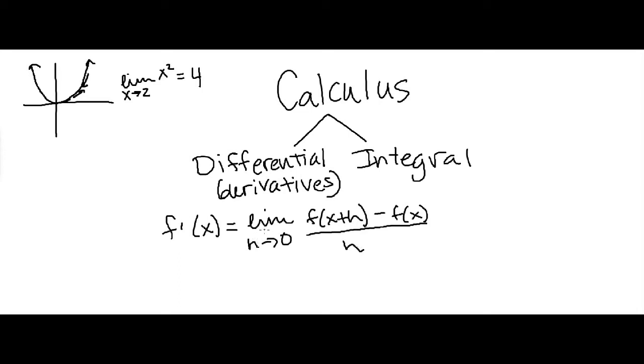Don't worry about what this equation means too much at this point, but the important thing I want you to notice is this is why you have to learn the limits. This is where your whole introduction of limits is going.